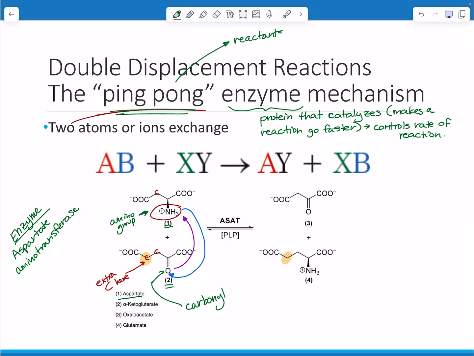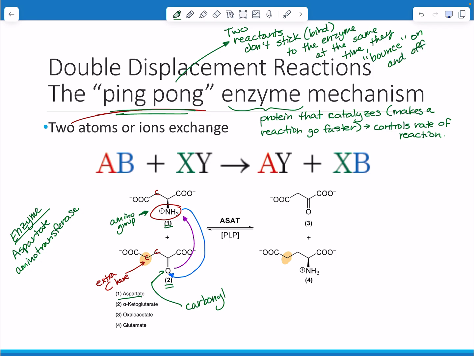I'll use the word stick, but what we typically use in chemistry is the word bind. They bounce, if you will, like a ping pong ball, on and off.